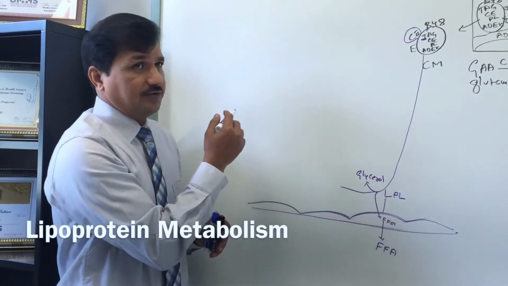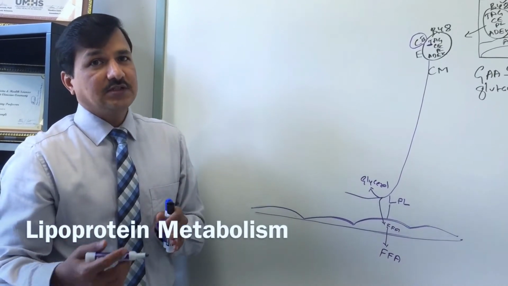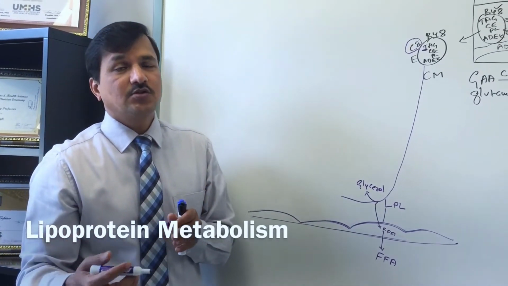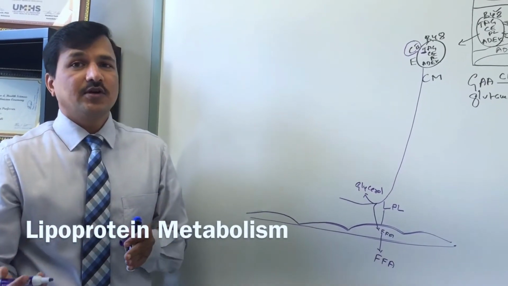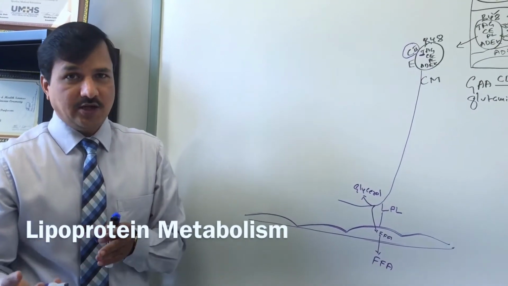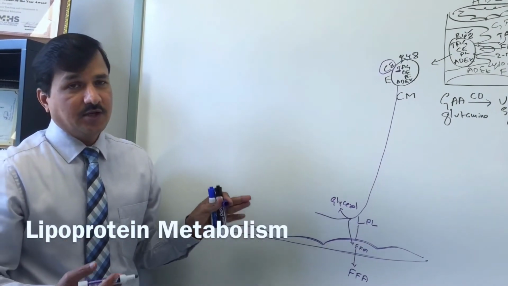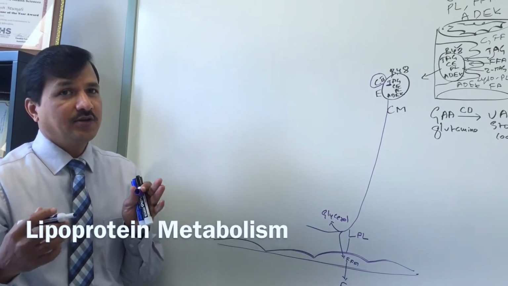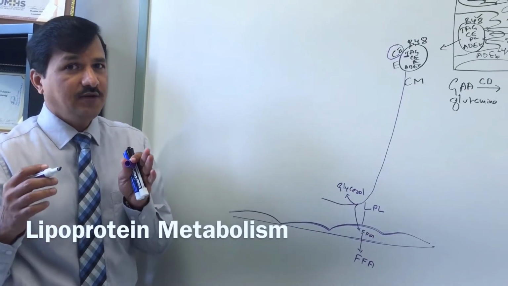Glycerol will go back to the liver and be converted to glycerol 3-phosphate, and glycerol 3-phosphate can be used to make triacylglycerol, or it can be converted to dihydroxyacetone phosphate, and that can get into glycolysis. That's the fate of glycerol coming from chylomicron, because chylomicrons are formed only in the well-fed condition. Chylomicron metabolism is going on in the well-fed condition.